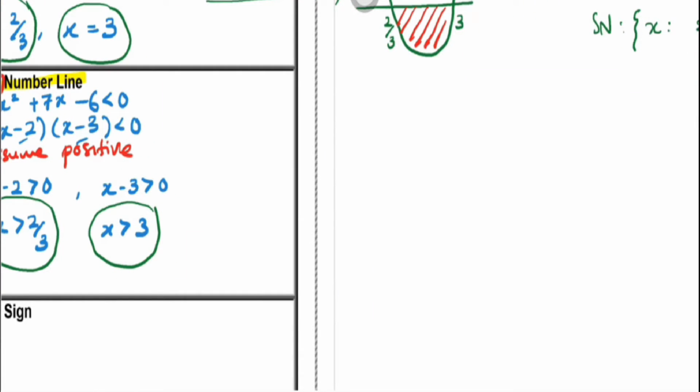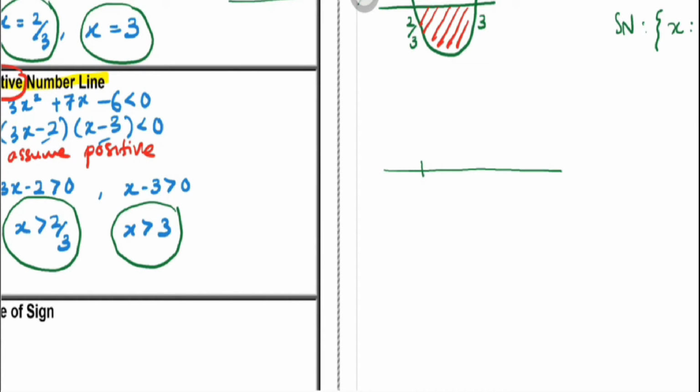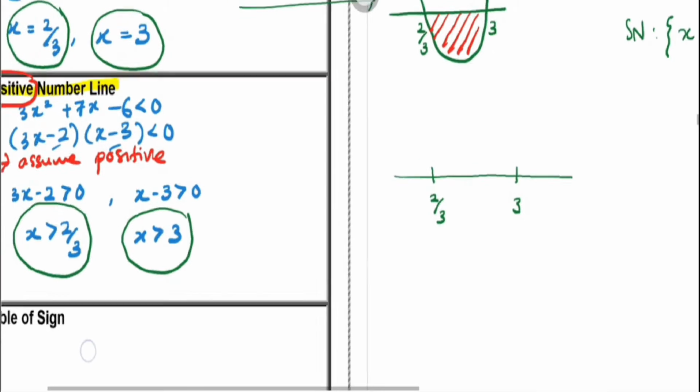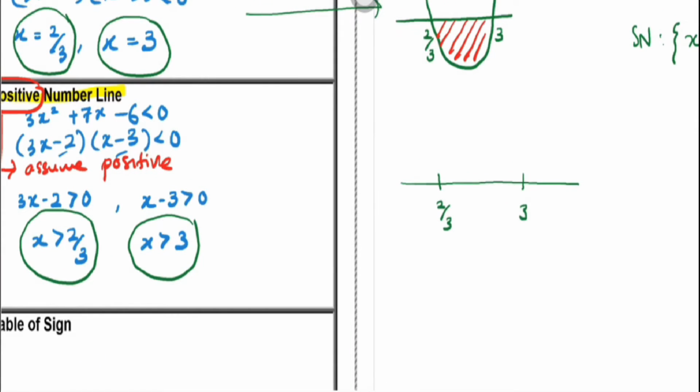Okay, so our number line is gonna be like this, with both of them on the number line, which is 2/3 and 3. Okay, the first one, x is greater than 2/3. Greater than means it's gonna be on the right. Second one also greater than, so it's gonna be on the right.